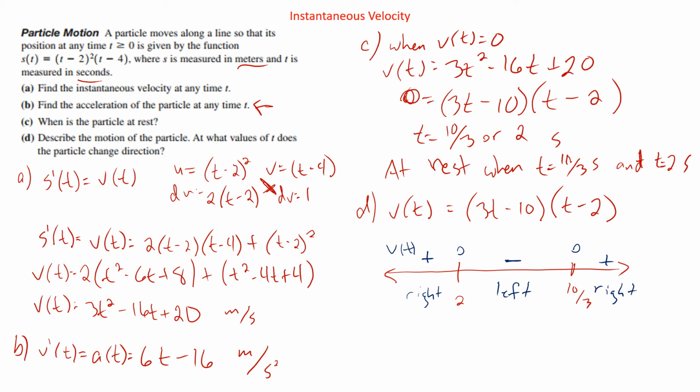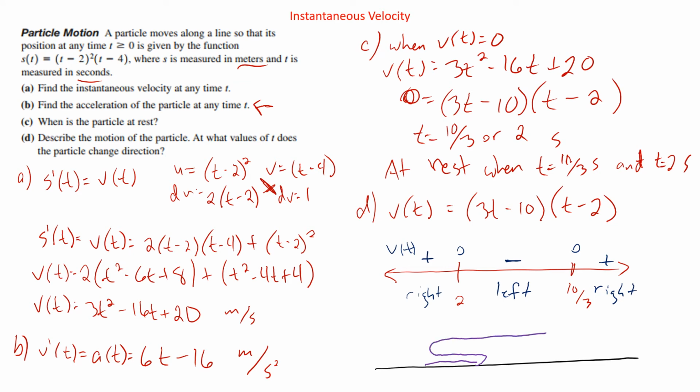We could make a number line too sometimes. So we can have, I'll go purple. So we move to the right for a little while, and then at t equals 2, we're going to turn around and move to the left, and then we move to the right.